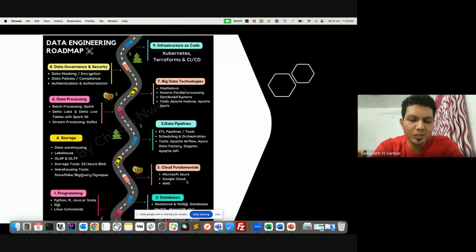There are many tools which you can learn to build your data pipeline, schedule things. So data pipelines is a key part, a core part of being a data engineer. Data processing, how do you use tools like Spark, say Flink or Hadoop to process your data, right? Data processing is a key part.